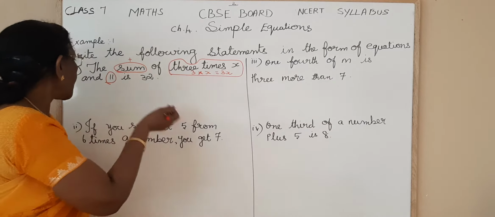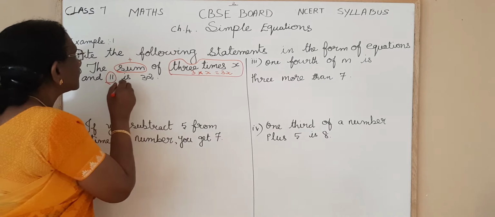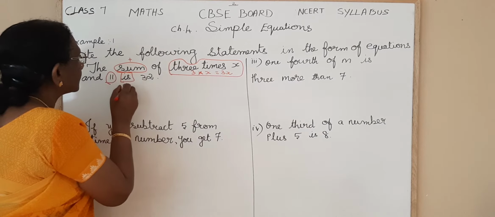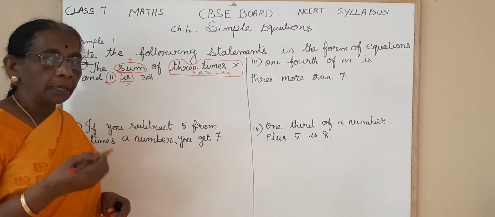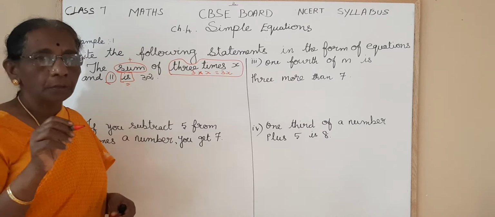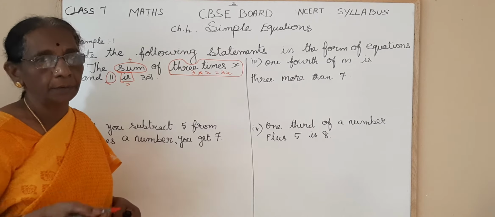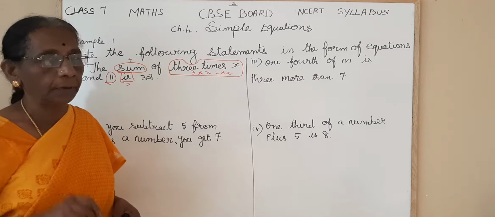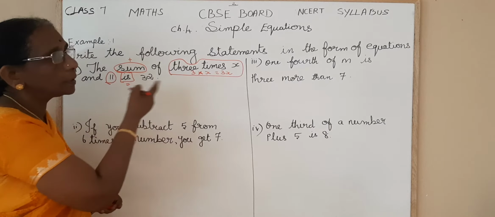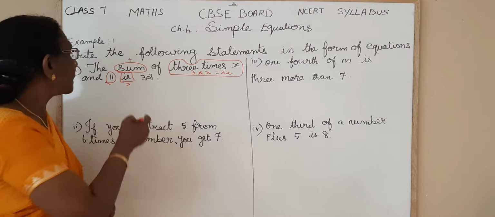And "is" represents equals. For equal, you will be getting the word is, or to get, or gives. Okay, these are the 3 words which represent equal sign. Now it is very easy to write the equation. What is the sum of?